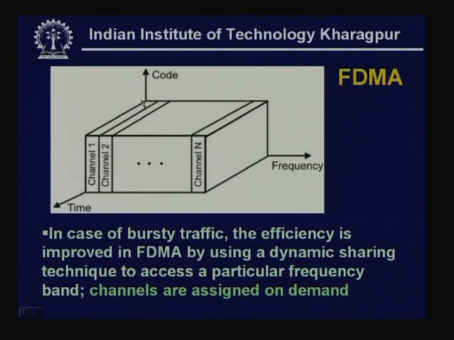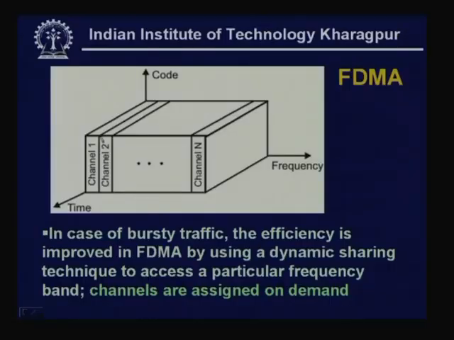As you can see, the signals coming from different channels are only varying in terms of frequency here. However, in case of bursty traffic, the efficiency is improved in FDMA by using a dynamic sharing technique to access a particular frequency band.